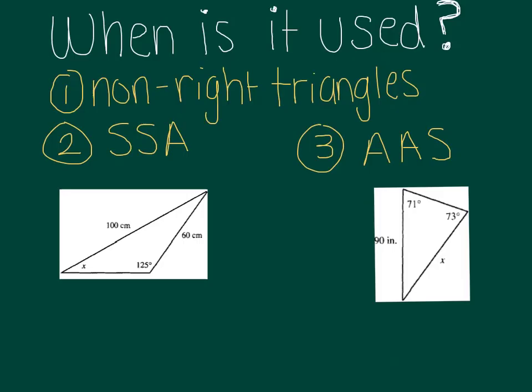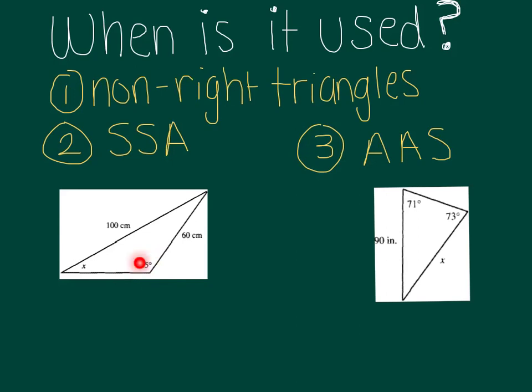So I think an important question here is, when is this used? How do you know when to use this versus SOHCAHTOA or some other rule? Well, the first clue is going to be that you don't have a right triangle. If you have a right triangle, most likely go with SOHCAHTOA, by far the easiest. The other two cases when the law of sines is used is when you know a side and an angle.